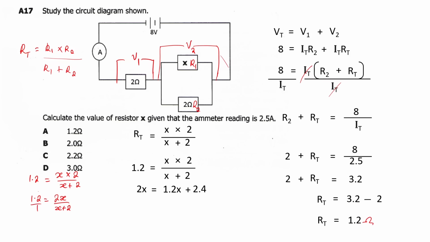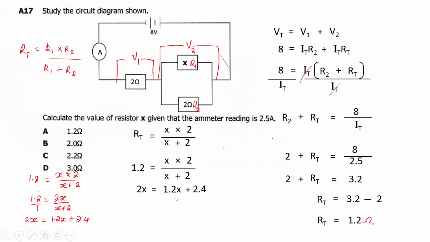So 1 times 2X, I got 2X, then equals 1.2 times X, it will be 1.2X, plus 1.2 times 2, I got 2.4. This is how I arrived at this point here. Because of space, I was actually cutting out some of the processes.